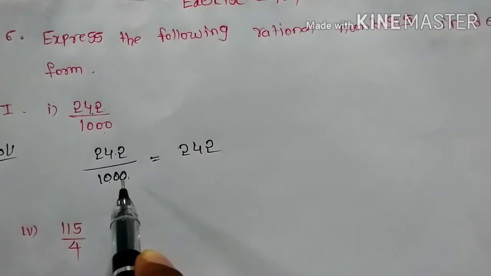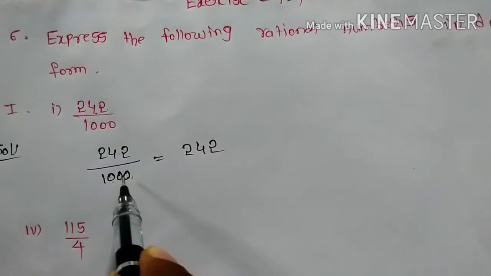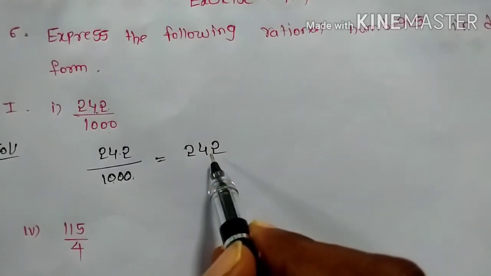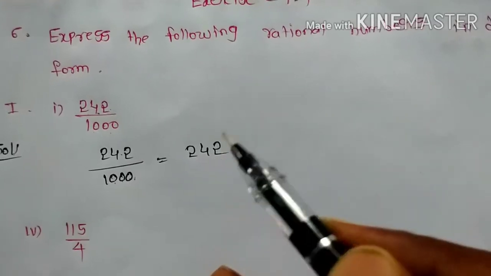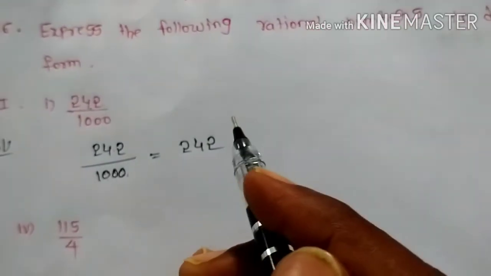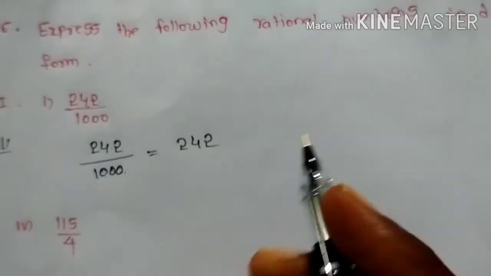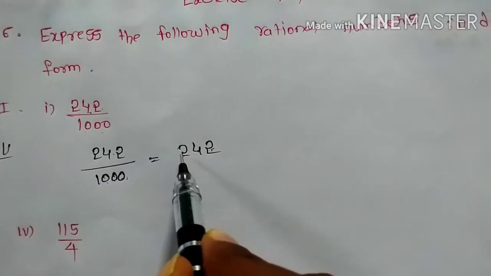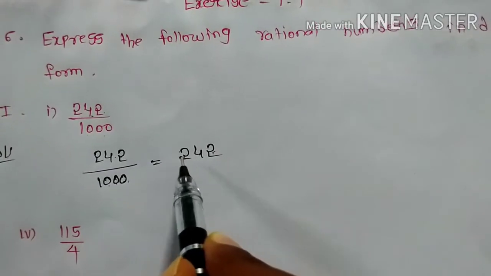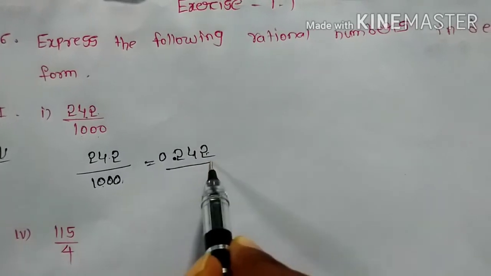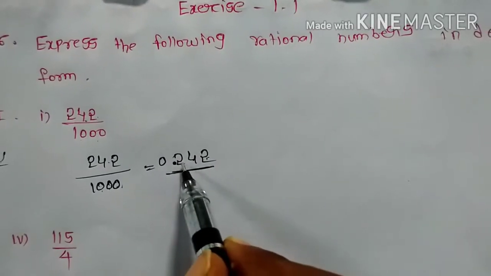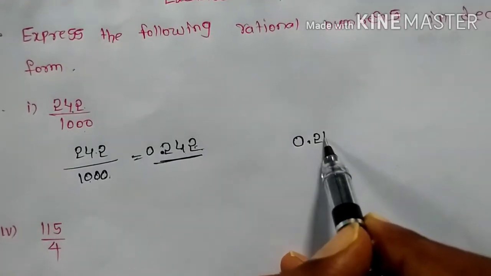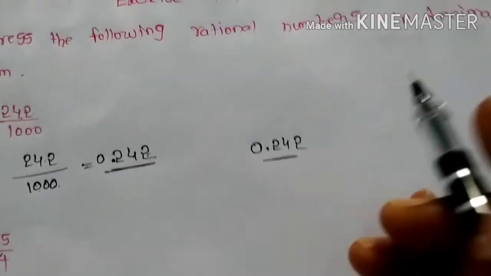Since there are 3 zeros in the denominator, you keep the decimal point after 3 digits from the right side. It is the first digit, the second digit, the third digit, so you keep the decimal point here. Now you keep 0. That means your answer is 0.242.